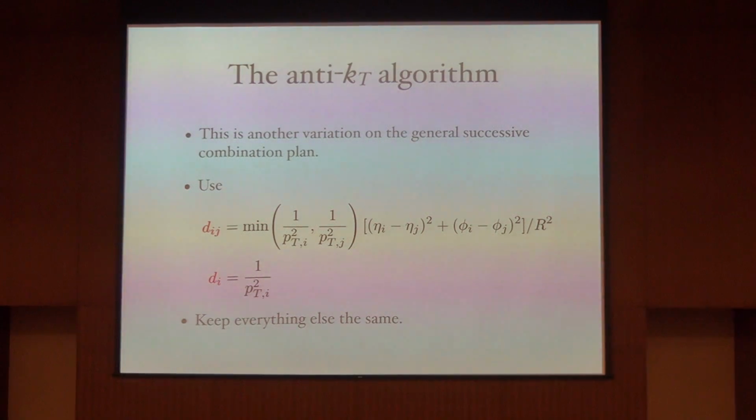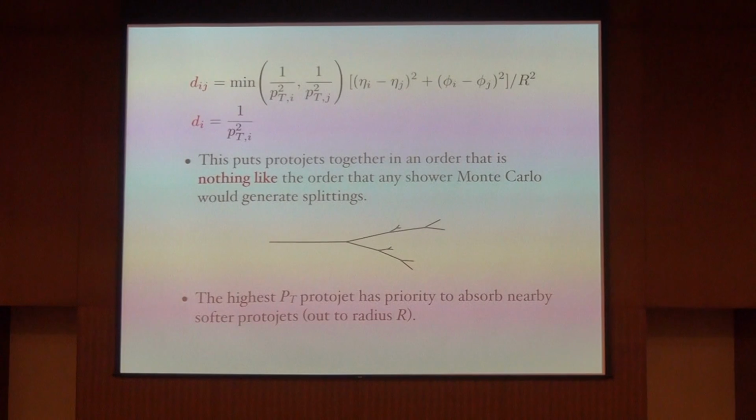Okay, that's a possibility. It's still all right, it's infrared safe. It's not anything anyone would have thought of until it was thought of. You may think that what a jet algorithm is doing is putting things together, starting at this end, according to the way they would have been made in a parton shower, say in the Feynman diagrams.